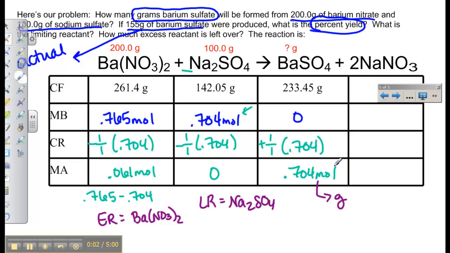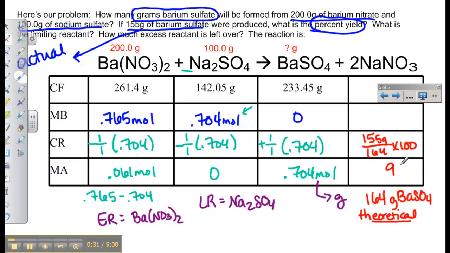And when we change our 0.704 moles to grams, we get 164 grams of barium sulfate. Now this is our theoretical yield. Okay, so our first question here, what is the percent yield? We are going to use our formula, so 155 grams over 164 times 100. That's going to give us 95% yield.